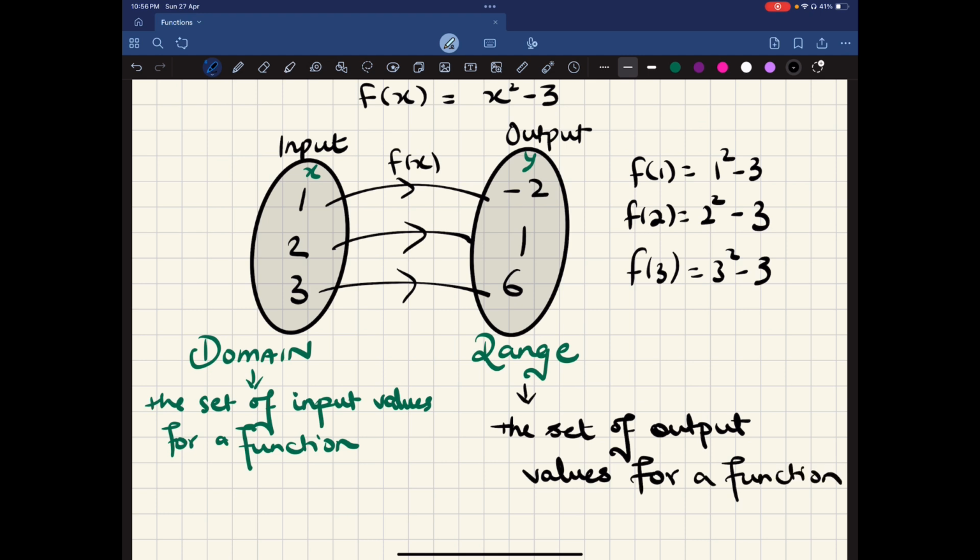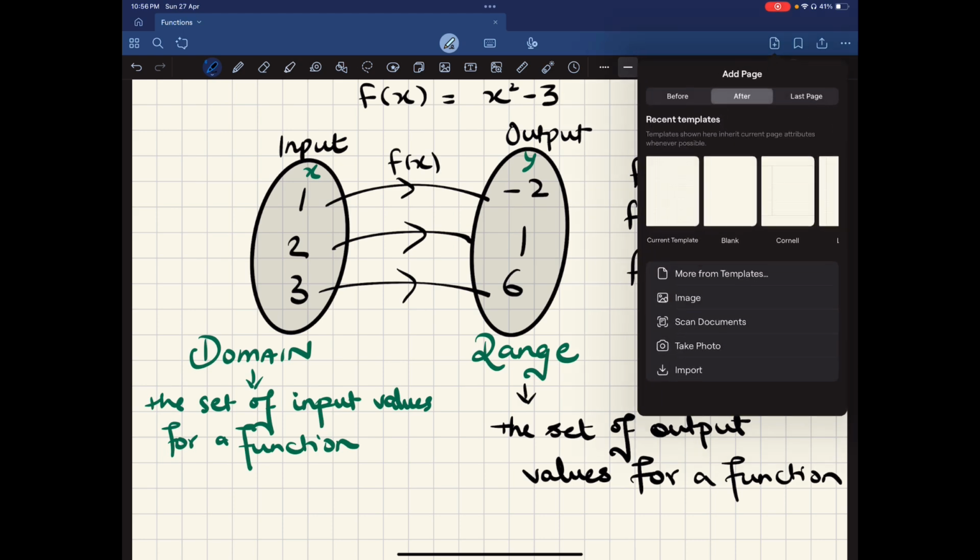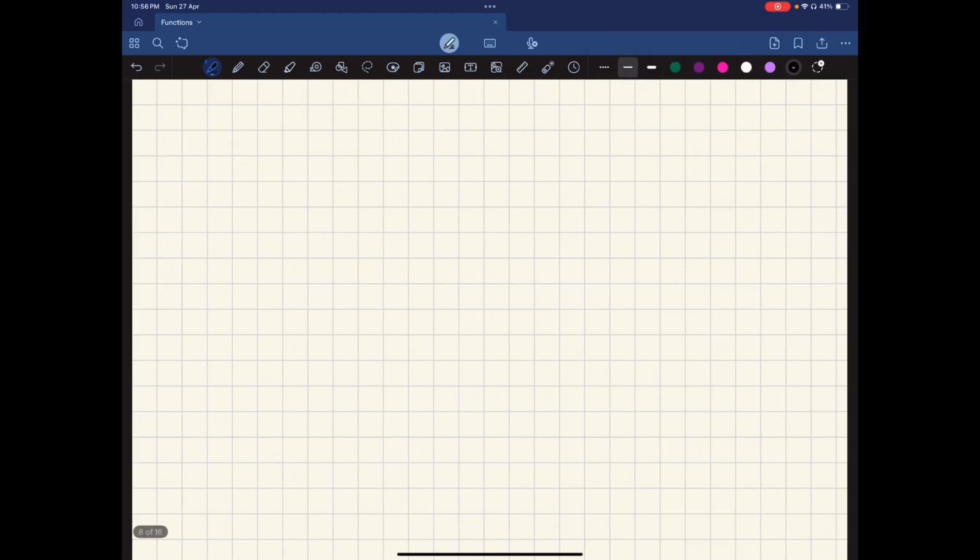Okay, now let's do a couple of practice questions as to how a question about domain and range can appear in your exams. Okay, so let's do an example.